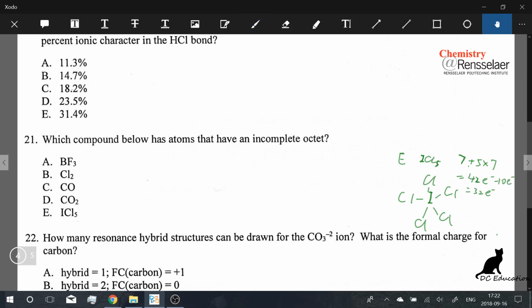Let's put those electrons around the chlorines and see if that works out. 1, 2, 3, 4, 5, 6, 7, 8, 9, 10, 11, 12, 13, 14, 15, 16, 17, 18, 20, 21, 22, 23, 24, 25, 26, 27, 28, 29, 30, 31.